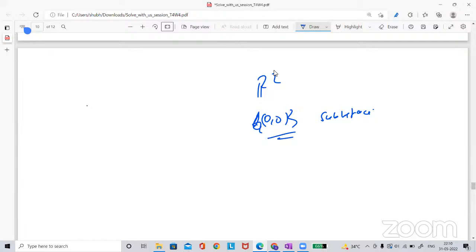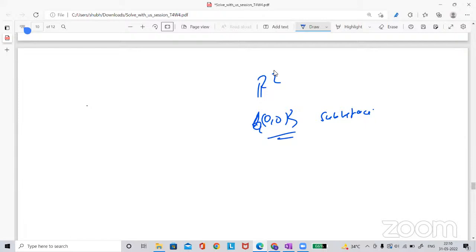Because if you take scalar multiplication by 0, you are saying it is closed under scalar multiplication. Are you clear?